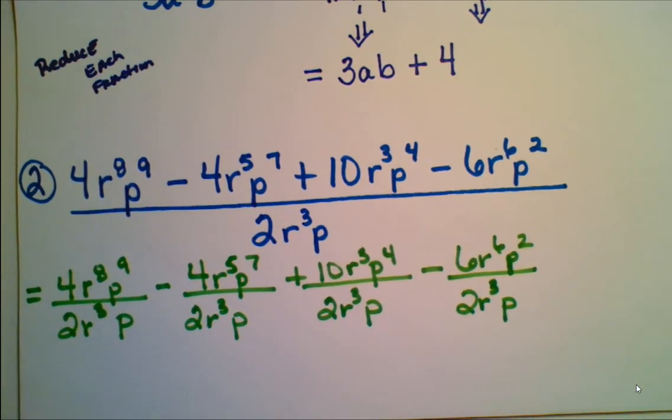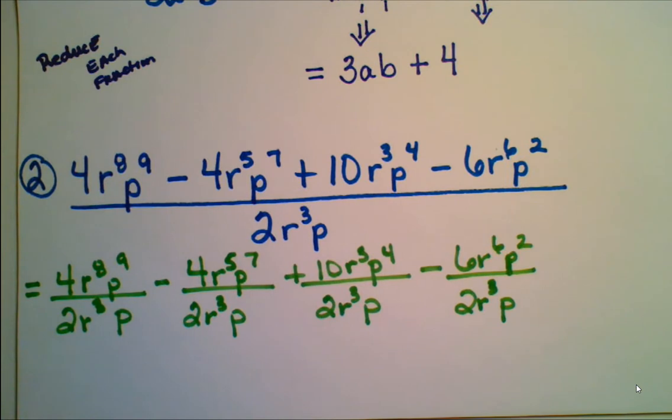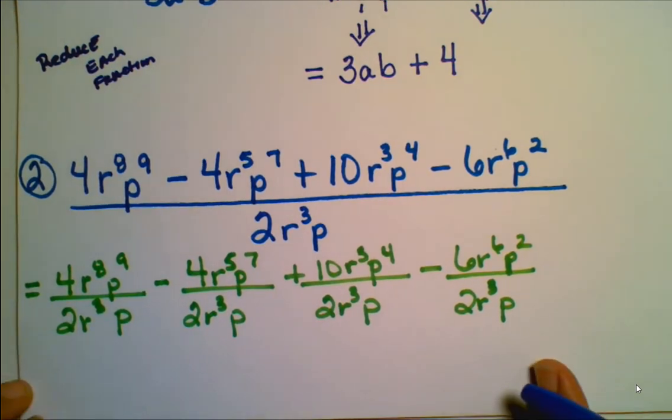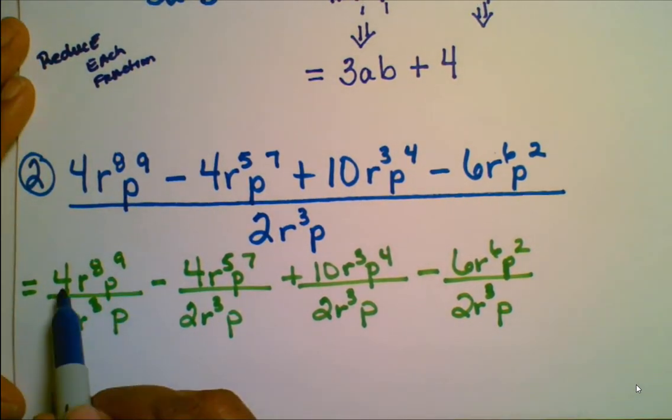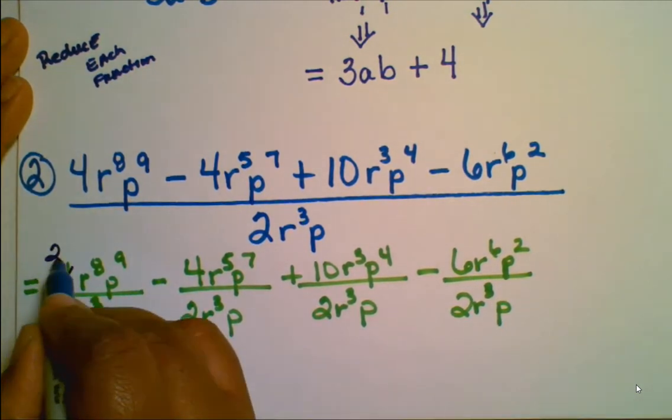All right, so let's go ahead and reduce each term. So as we reduce each term, here we go. 4 divided by 2. 2 goes into 2 once, 2 goes into 4 twice.